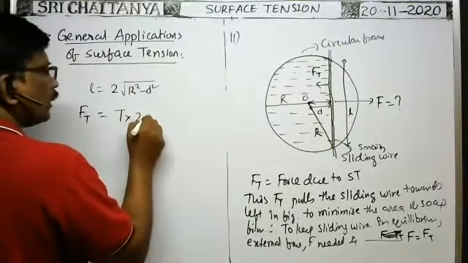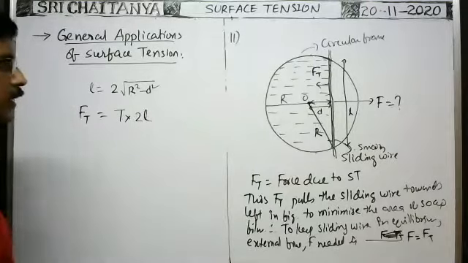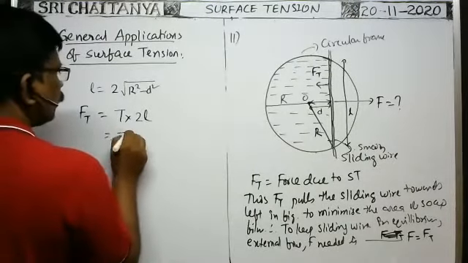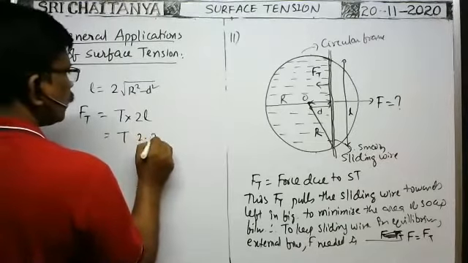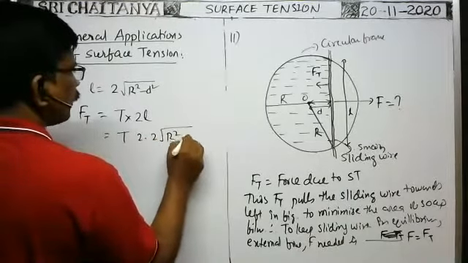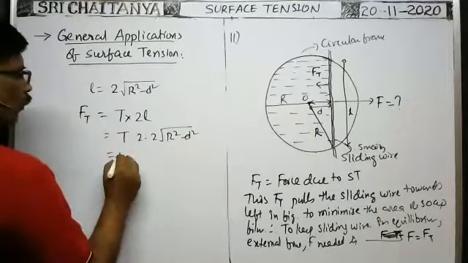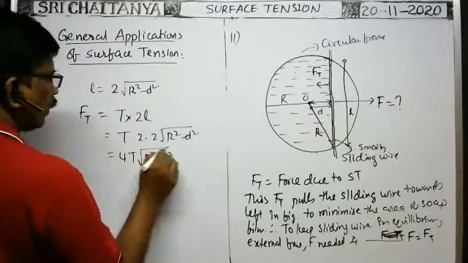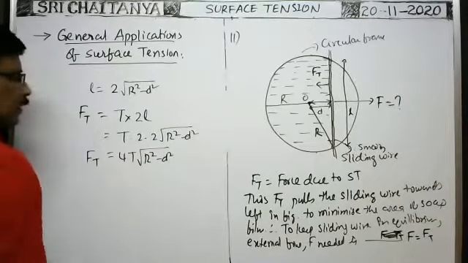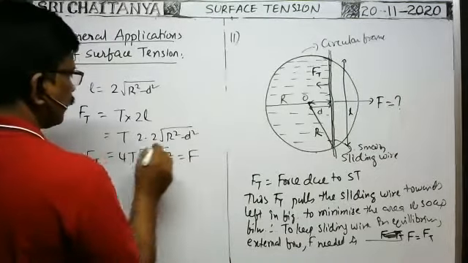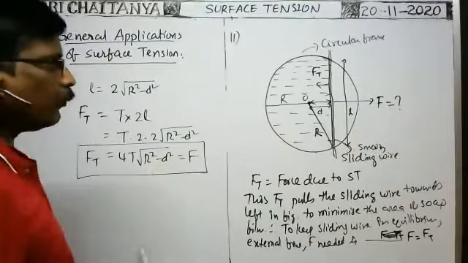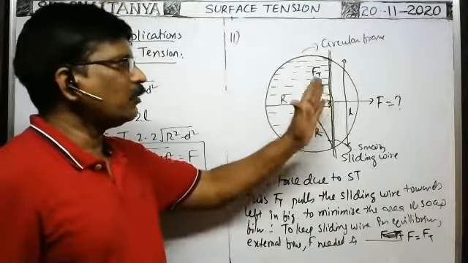That's why total length is 2L. Therefore surface tension T into 2 into L, means 2 into square root of R square minus D square. Therefore, 4T square root of R square minus D square is the force due to surface tension. This is the external force required to keep the sliding wire in equilibrium.